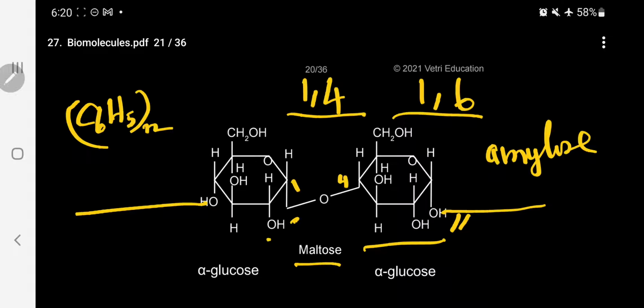In addition to 1,4, there is 1,6. This is 4, this is 5, this is 6. So in this OH, another branch, another molecule of amylose or amylopectin, is connected. So here also it is called 1,6 linkage. 1 and 6 will be connected.